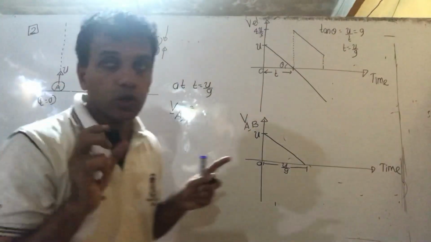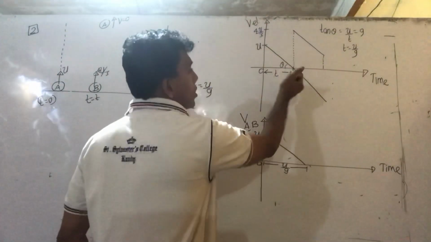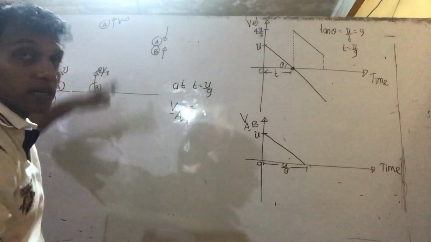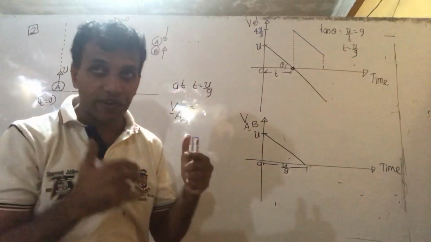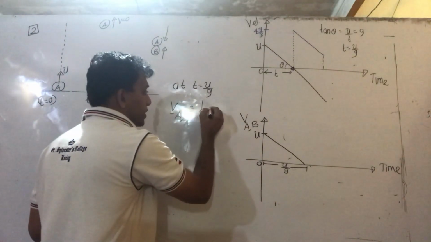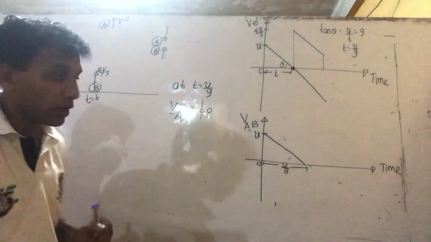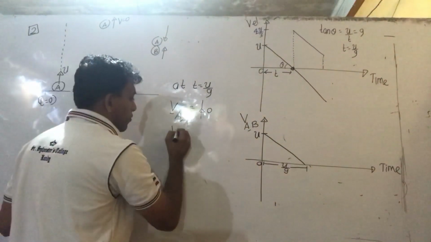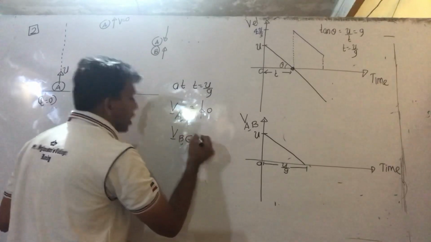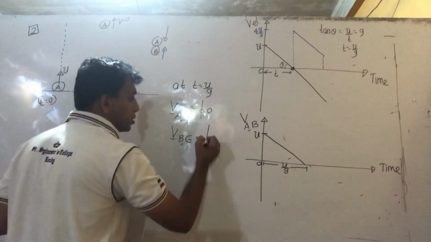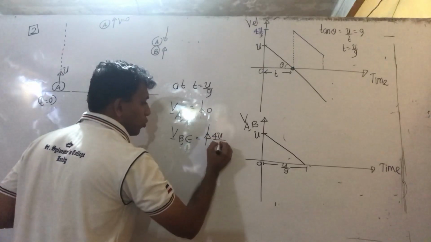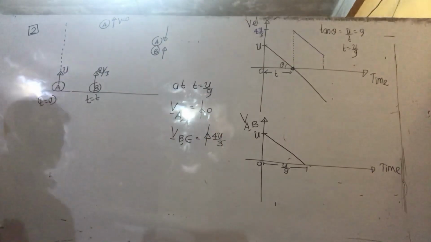At time equal to u over g, the speed of the first particle relative to the earth is 0, because it is at the highest point. At the same time, the velocity of B relative to the earth is projected upward, 4u over 3.